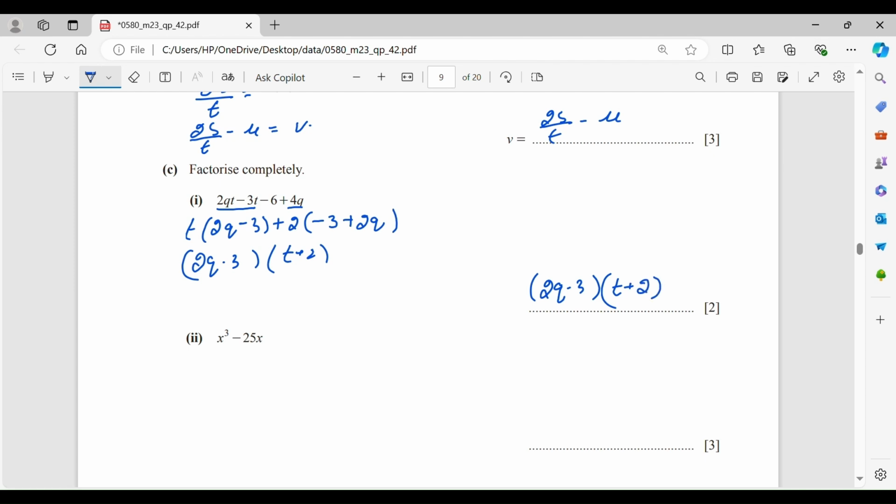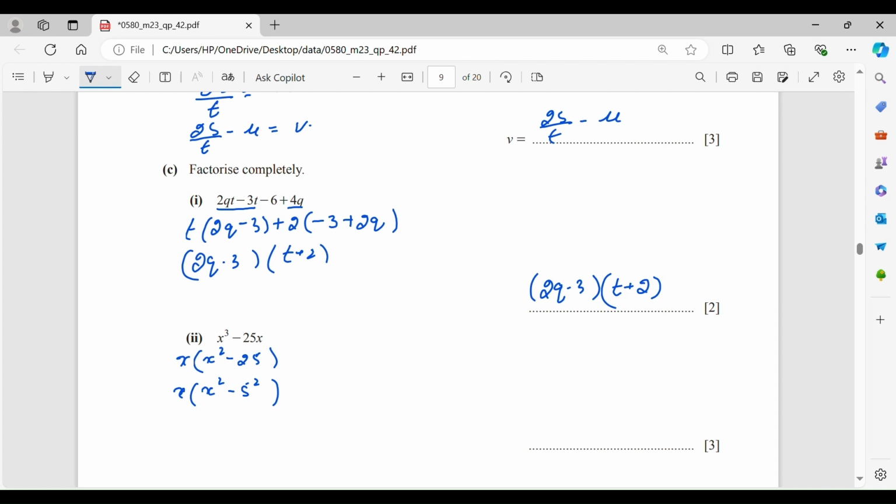Next is the second part. From this we will find the first common factor, which is x. So x bracket x square minus 25. So x bracket x square minus 5 square. 25 can be written as 5 square, right?